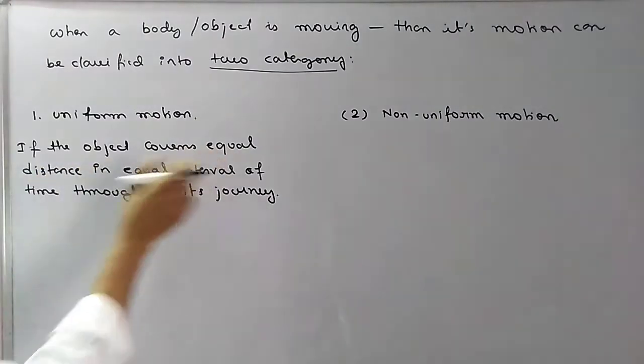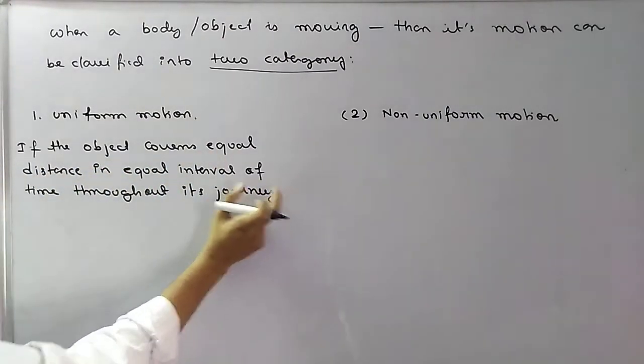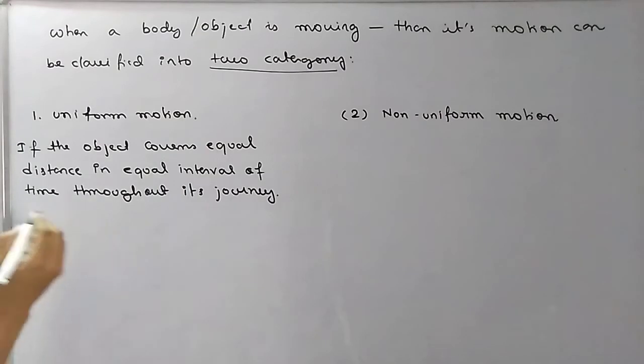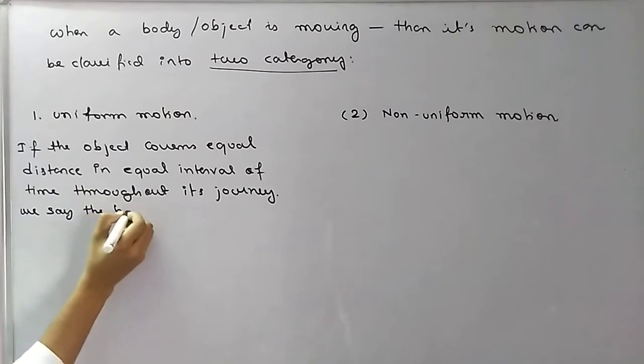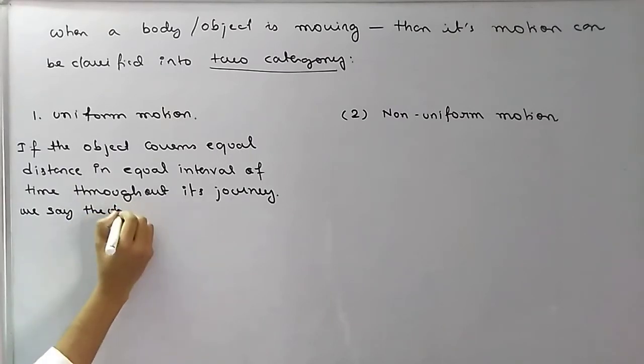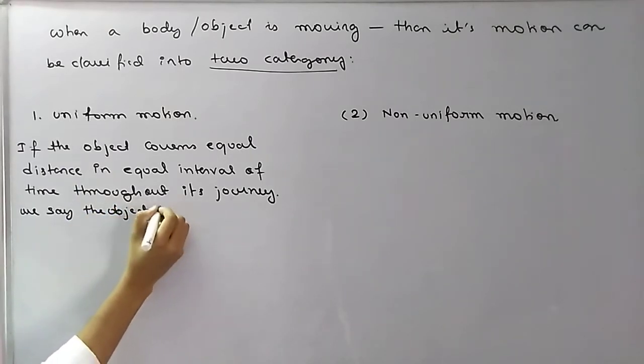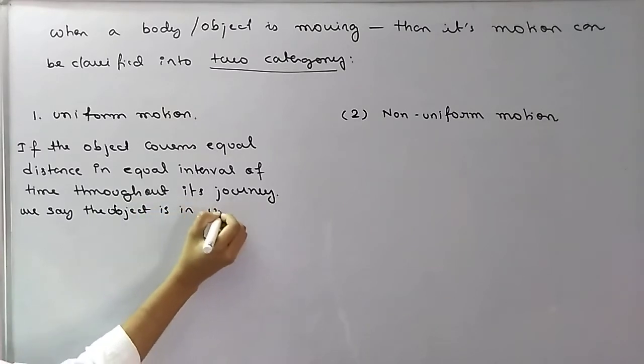If the object covers equal distance in equal interval of time throughout the journey, we say the object is in uniform motion.